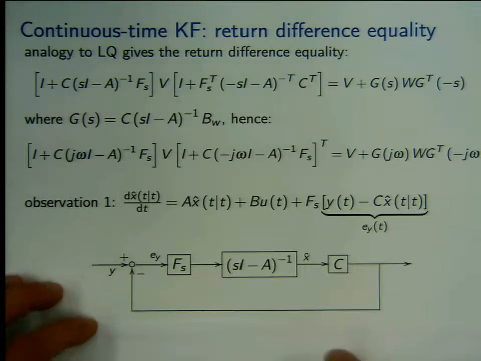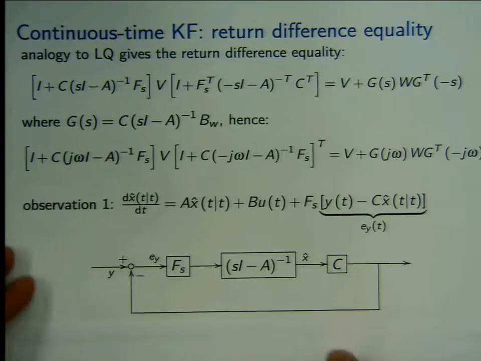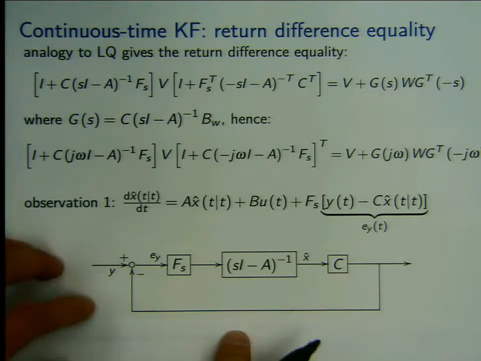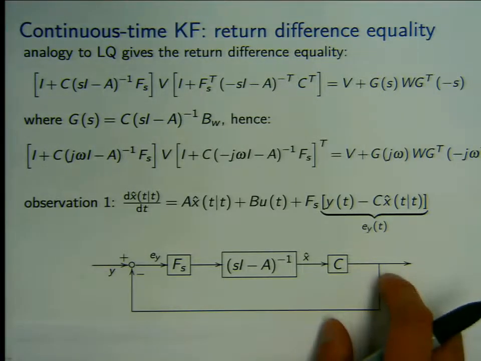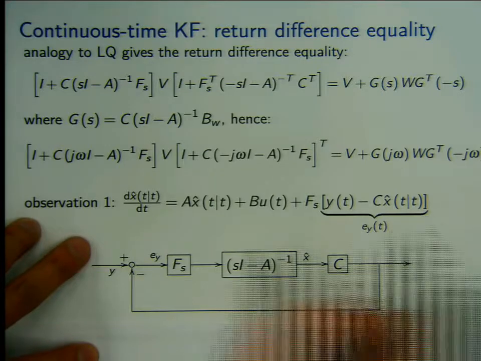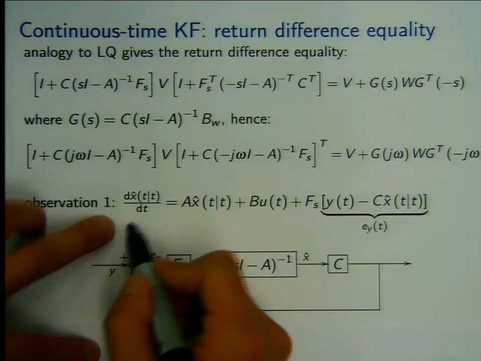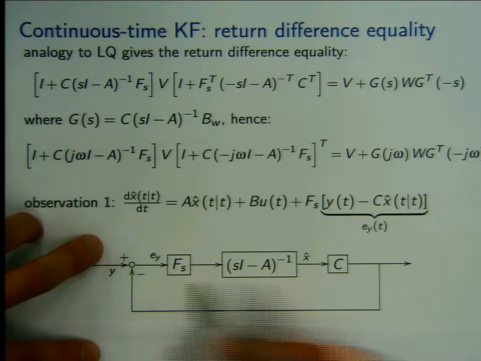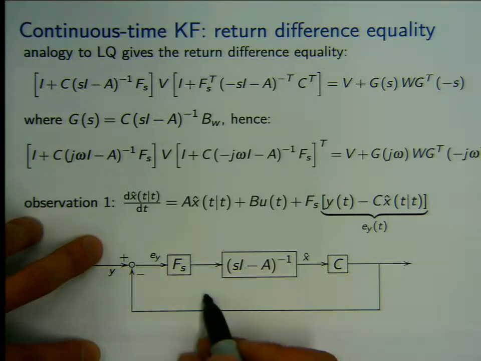I just need two observations to be able to achieve this. First of all, for the Kalman filter equation, I can obtain how it looks in a block diagram, which is shown here, and is very similar to what we have seen in the discrete time case.